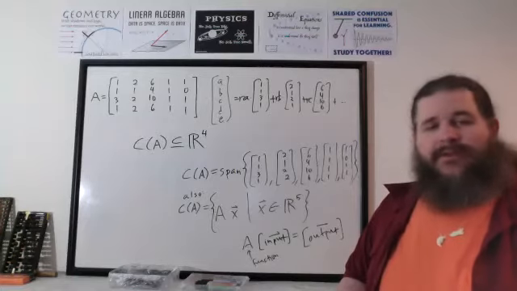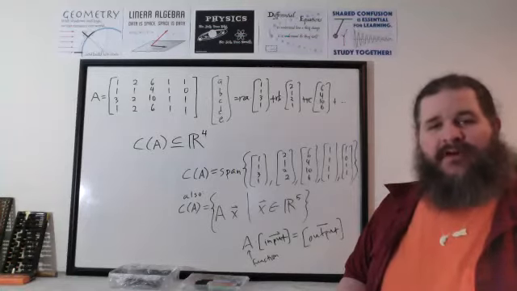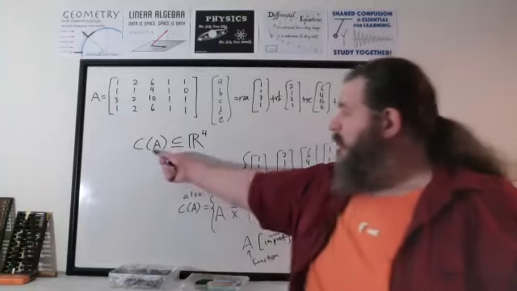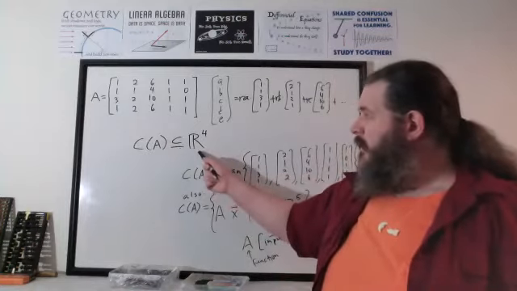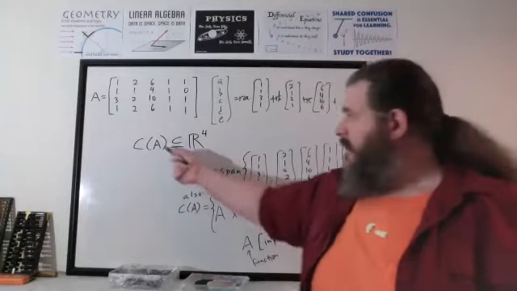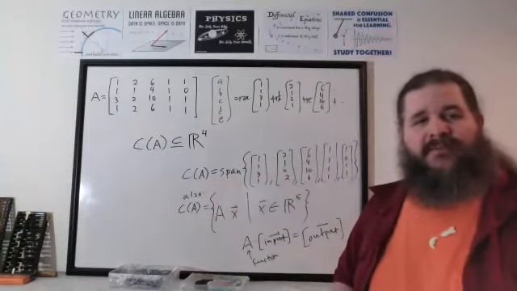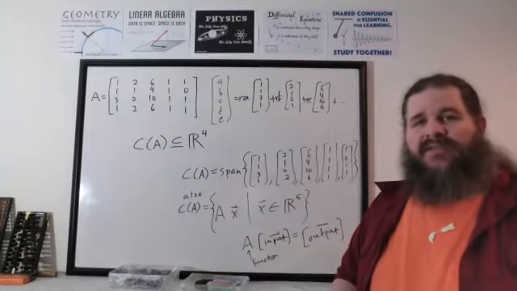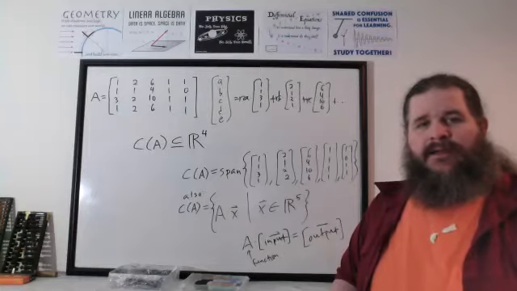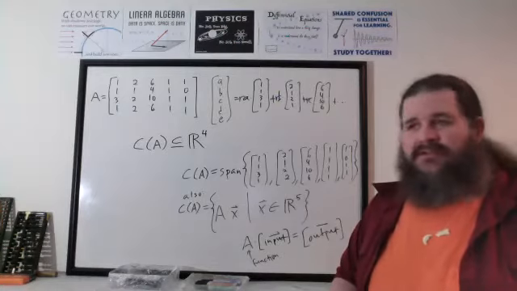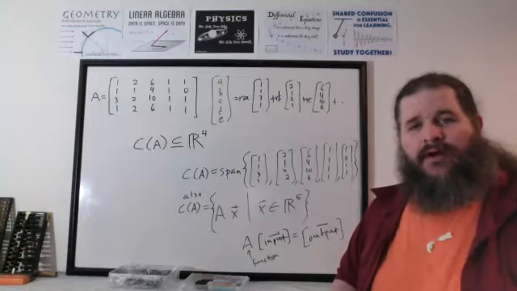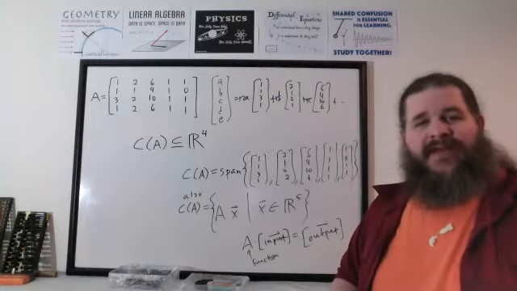And more specifically, we would say the column space is a subspace of R4 in the sense that the column space is contained within R4, but R4 is a vector space and the column space itself also counts as a vector space. So the column space is a subspace of R4 in the sense that it's contained within this larger vector space universe R4. And also the column space itself counts as a vector space.